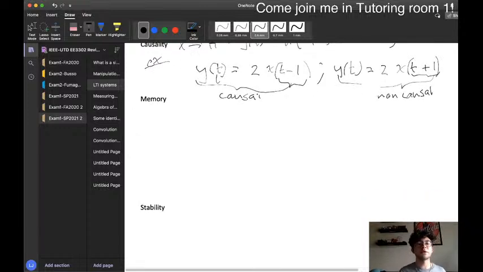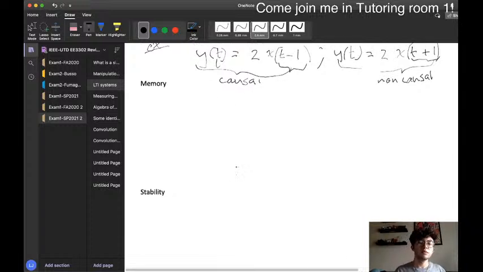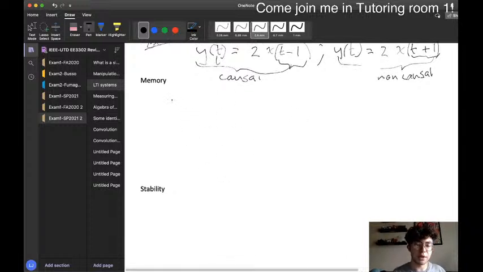Right. So a closely related property is if the system has memory. Basically what I mean is that if we have y of t, our output, and it is memoryless, then it'll just be some function of the current input, so a function of x of t.